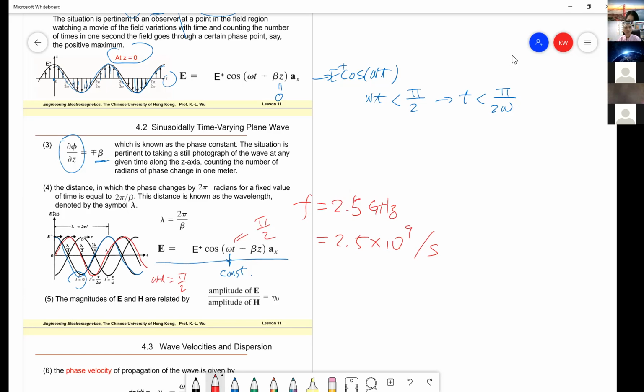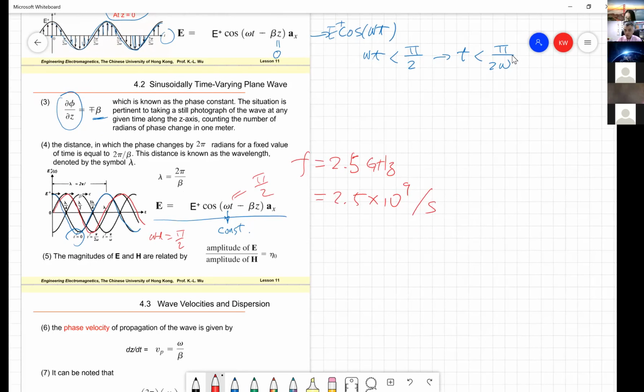So it's too fast. You cannot measure it at a time instant. You cannot observe the wave change directly, but it actually exists. So this is how we can see the wave.